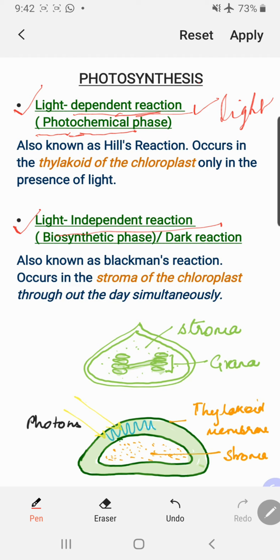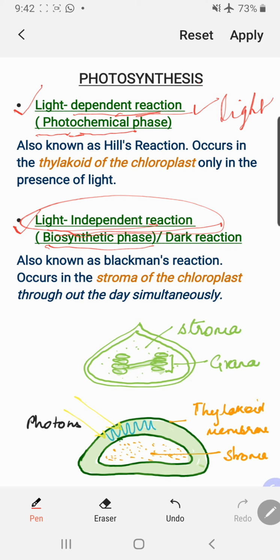So light dependent, the one which needs light, is a photochemical phase, and the one which does not need light, that is a biosynthetic phase. Why are we calling it biosynthetic? Because here some biotic, or you may say some organic content is produced or synthesized naturally. So here that organic content is sugar or glucose, if you say.